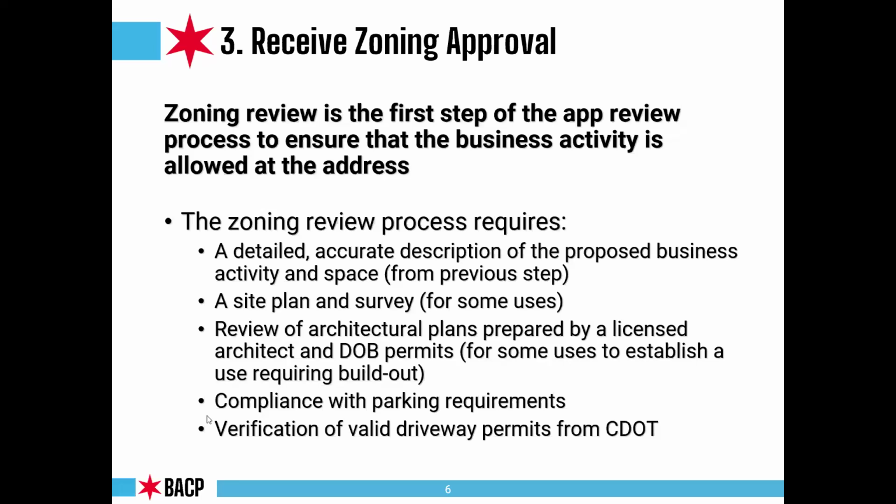Some applications, as part of this zoning review, will require you to submit site plans, surveys, architectural plans. In some cases, you'll need to comply with parking requirements, and/or obtain a driveway permit from CDOT. What we mean by that is, let's take for example architectural plans.